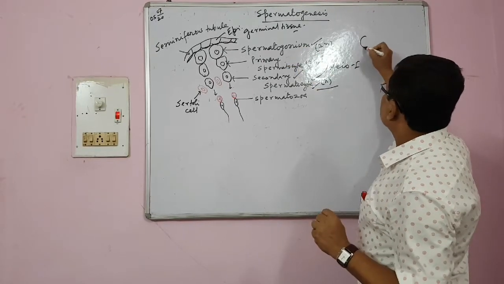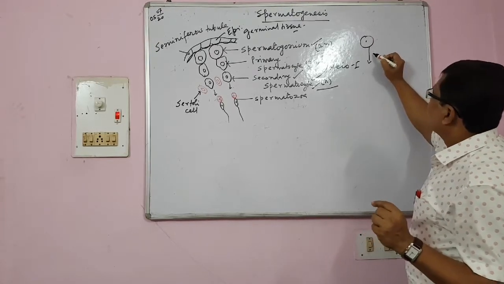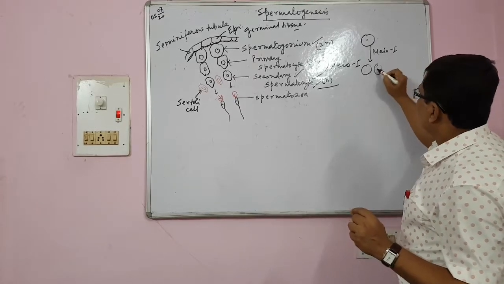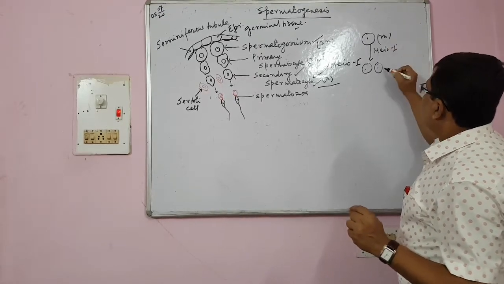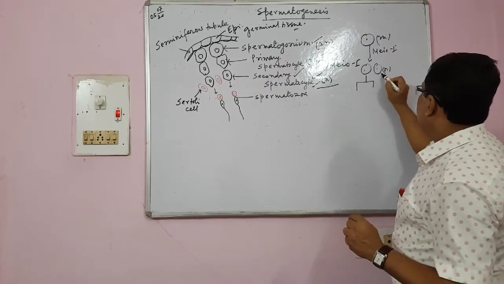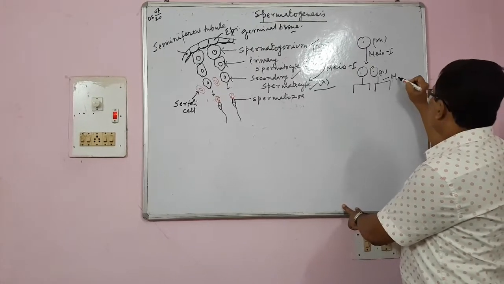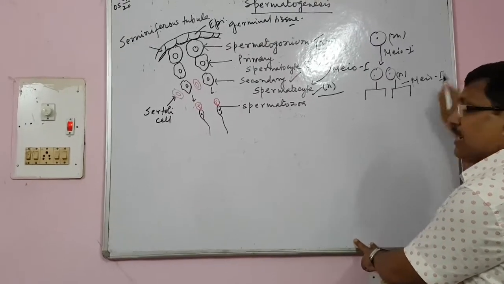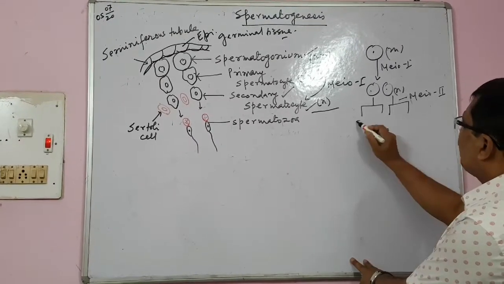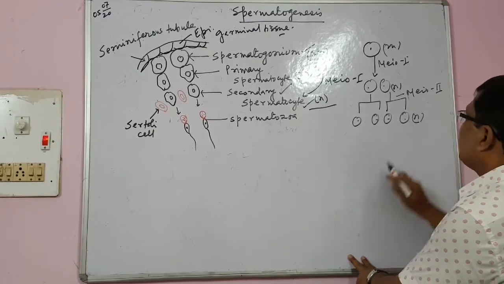This is 2n and both of these are n. Again it will divide by the process of meiosis 2, and meiosis 2 is similar to mitosis, so it will form 4 cells and all are haploid.